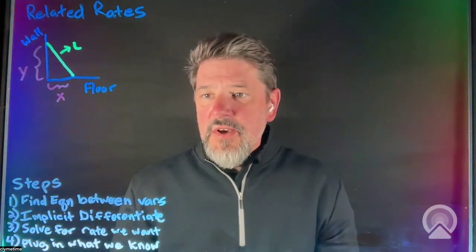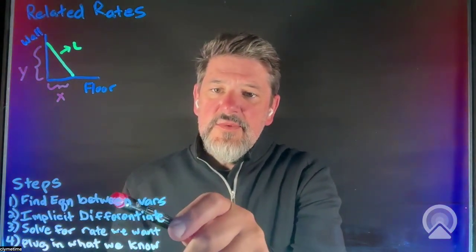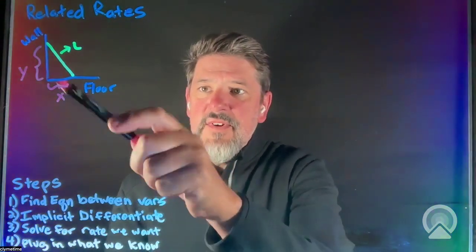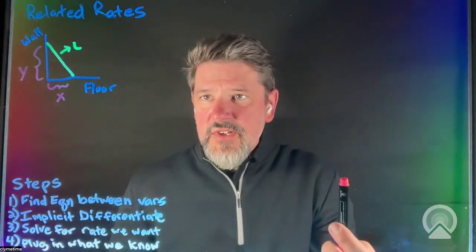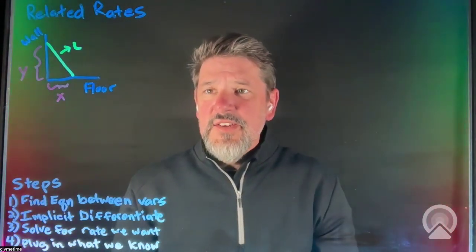All right, so let's start with the steps. Here are the steps. The first step is to find an equation between the variables. So we see that we have a variable X and a variable Y, and there's going to be a rate at which X changes, there's going to be a rate at which Y changes, and then the rate at which L changes is 0 because it is not changing.